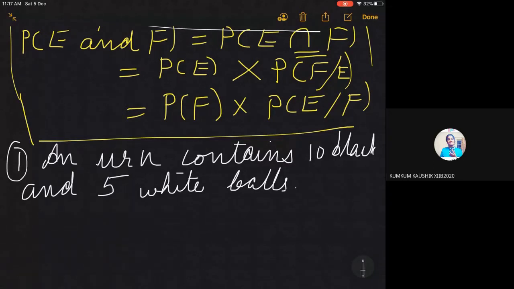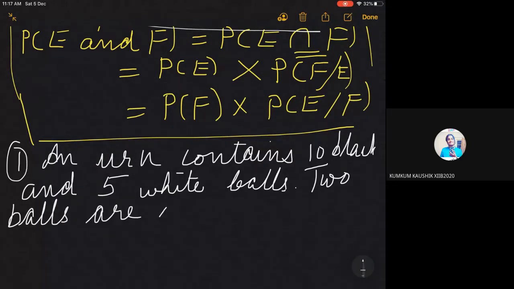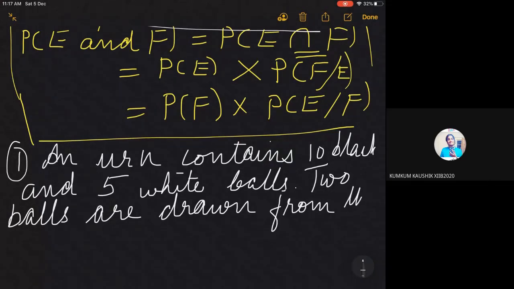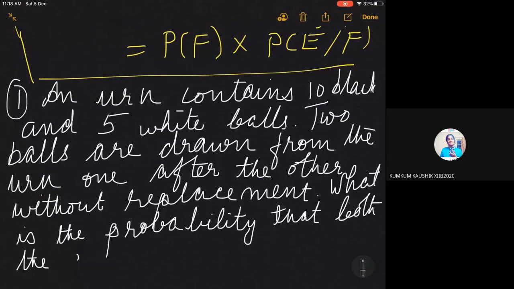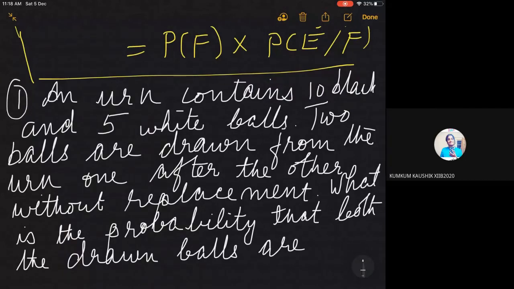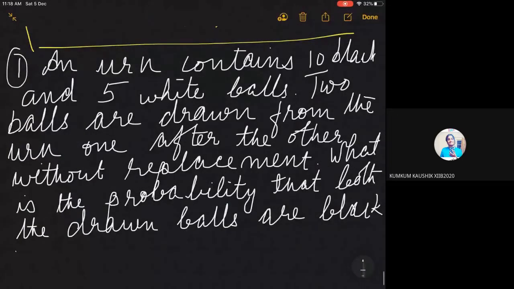Two balls are drawn from the urn. Both the drawn balls are black.